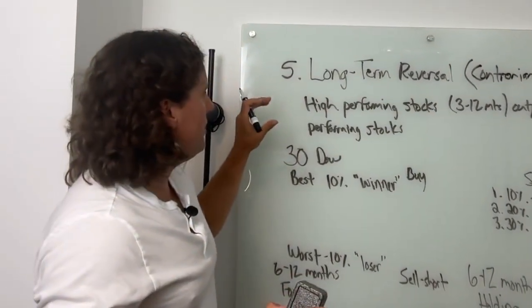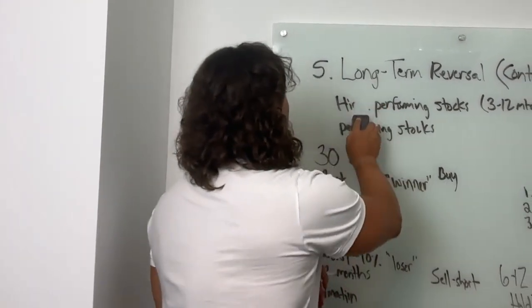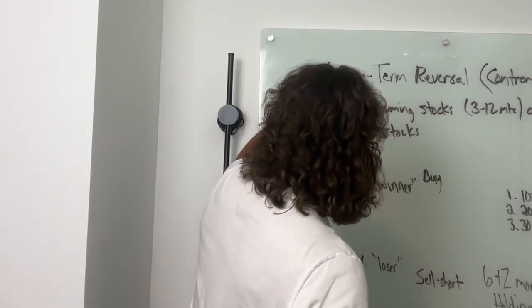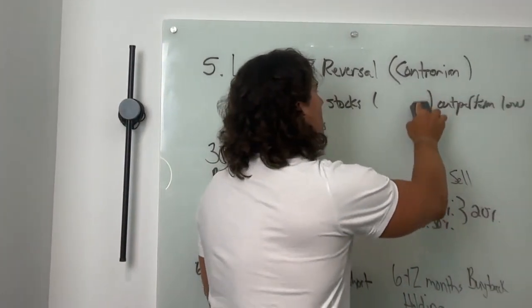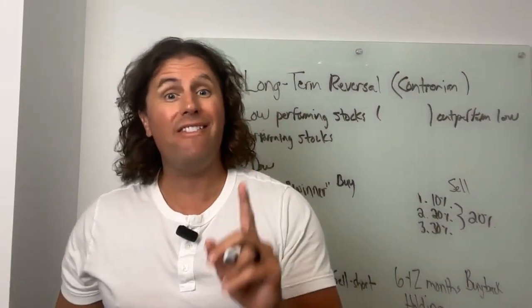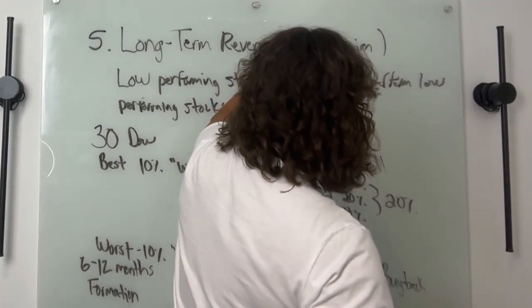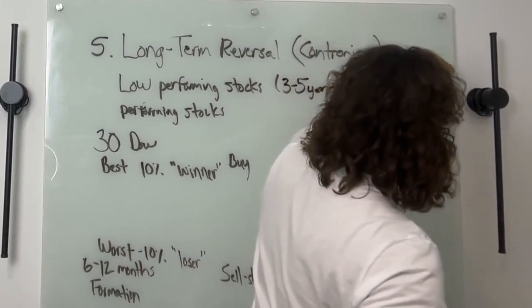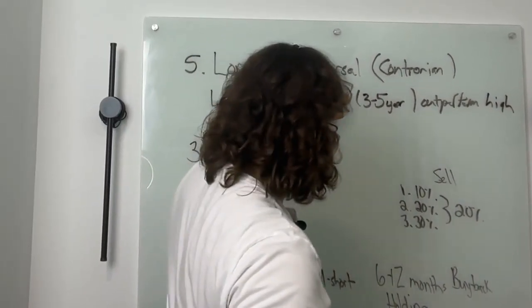Now we find out that the opposite is true when we extend the time periods. So the low performing stocks from the last, not 3 to 12 months, this is 3 to 5 years, so the dogs from the last 3 to 5 years outperform the high performing stocks of the last 3 to 5 years.